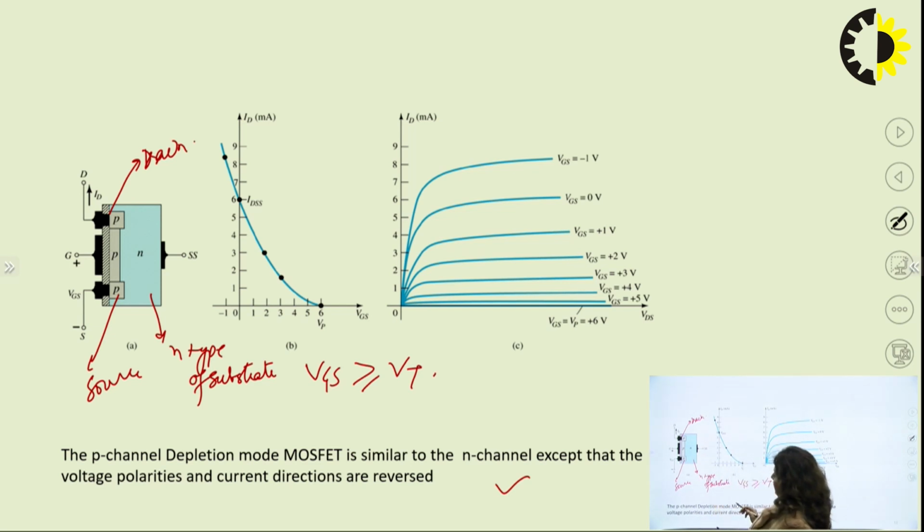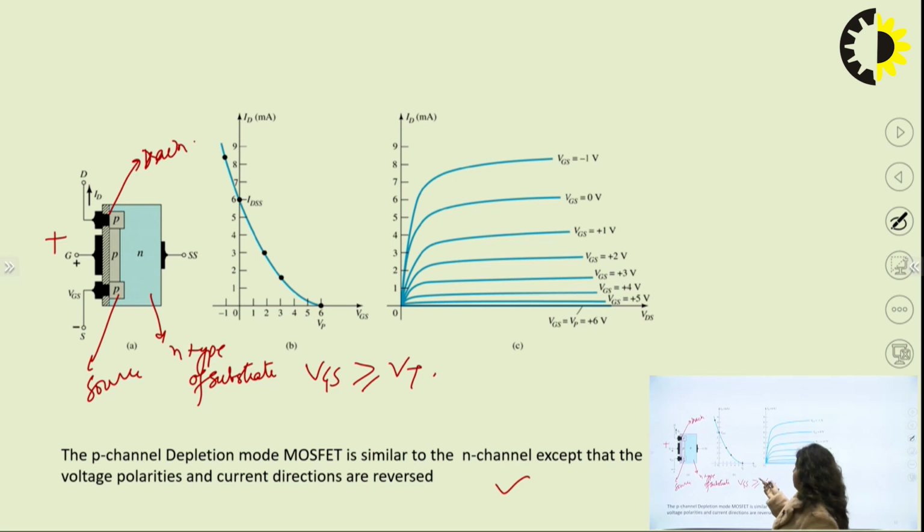Only in that case the drain current will increase, but here we have to apply a positive voltage at the gate. When you apply positive voltage, electrons get attracted towards it, and there will be a formation of negative ions in the P type layer. So obviously the P channel will get depleted, because the electrons will get accumulated in between the source and the drain.